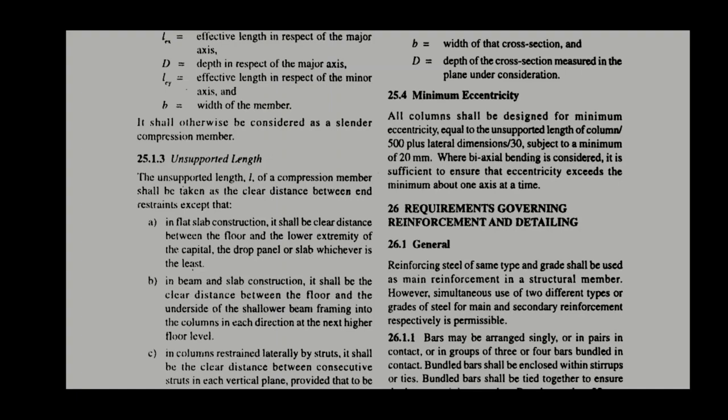After reading all considerations of IS 456, we will see the formulated format. That is L by 500 plus D by 30 greater or equal to 20 mm, whatever is written here. So let's continue clause number 39.3.